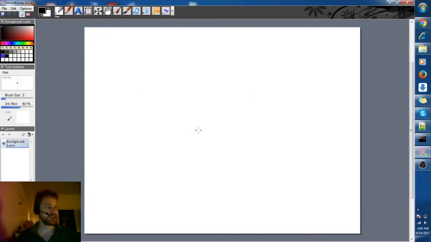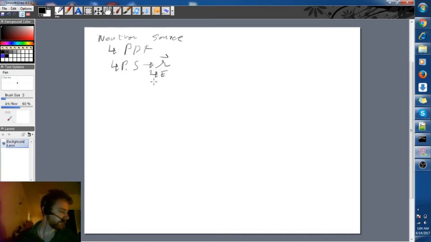The last thing I want to touch on is this idea of a neutron source. The neutron source, these are probability density functions, and the phase space is position vector, and it also has an independent variable of energy, and all this represents is a source of neutrons.